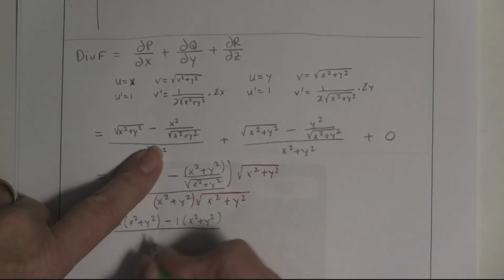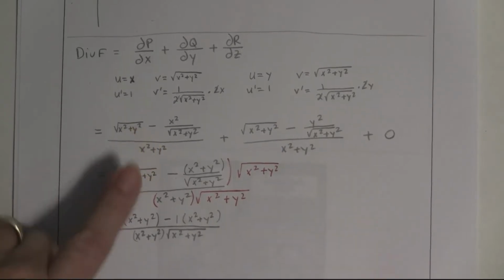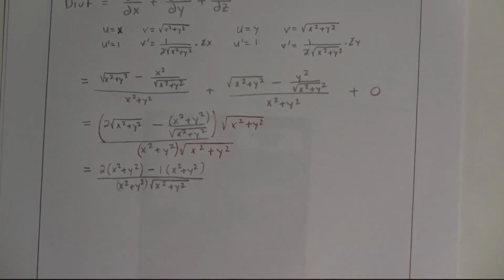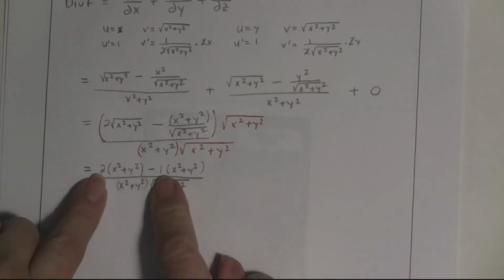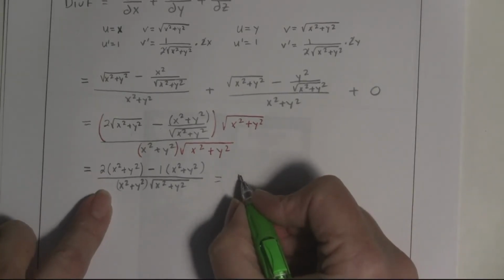Forgive me for doing that. And so right there, 2 take away 1 is 1, x squared plus y squared. Is that okay if I do it like that? Is everyone okay with that?